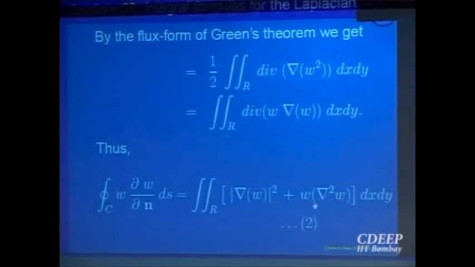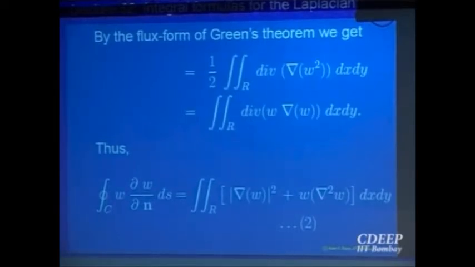For example, what is the importance of this kind of thing? Supposing W is a scalar field which has the property that its Laplacian is equal to 0. Such functions play an important role in physical applications. These are called harmonic functions.